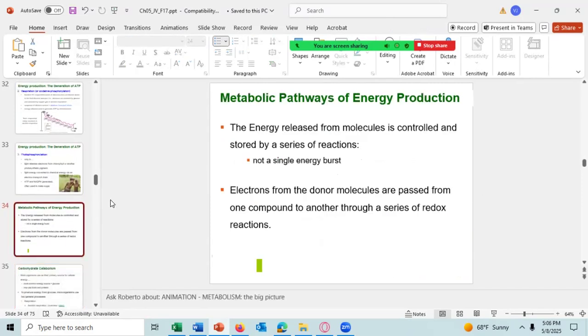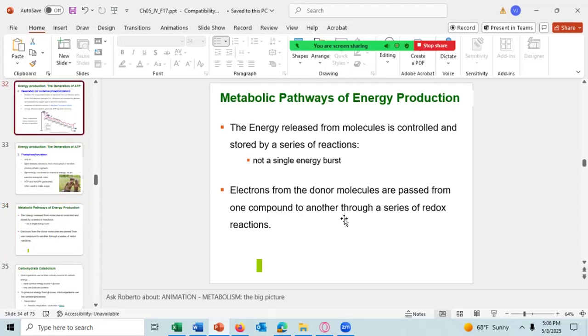All right, let's talk a little bit about the metabolic pathway of energy production. Energy is released from molecules in controlled ways and stored by a series of reactions, meaning the energy in cells is not released in a single energy burst. The electrons from donor molecules are passed from one compound to another through a series of redox reactions.